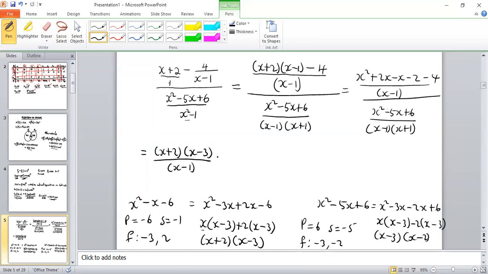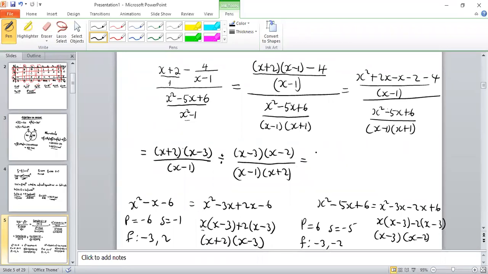So this whole expression, since we are dividing these two, we can just write divide. Then what we have is x minus 3 and x minus 2 over the denominator, which is the difference of two squares, x minus 1 and x plus 1. Now to change the sign from division to multiplication, the numerator becomes the denominator.